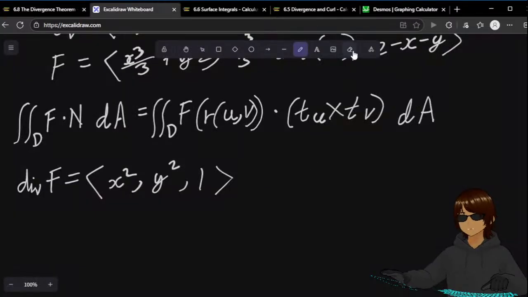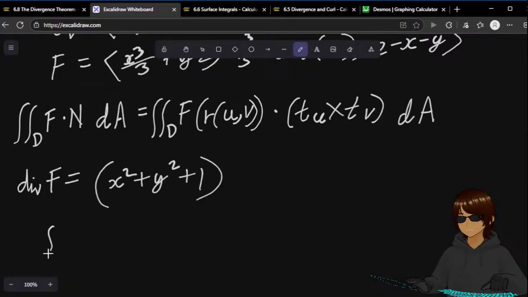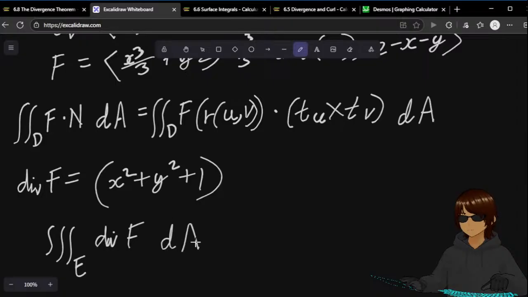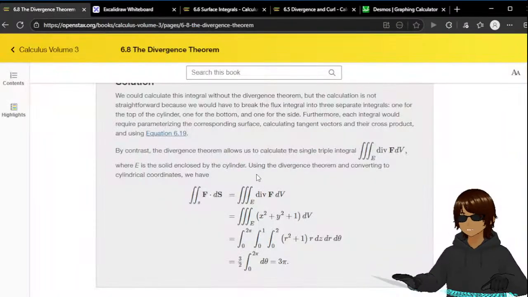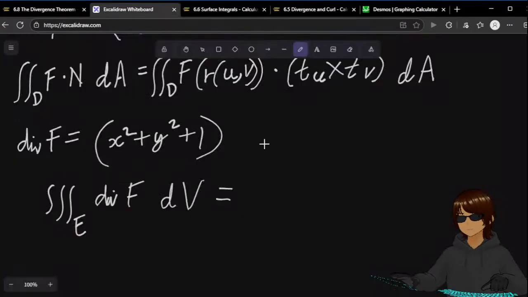Oh, it's adding, whoops, adding. And then we have dV. So we do it with respect to x, then y, then z, right?